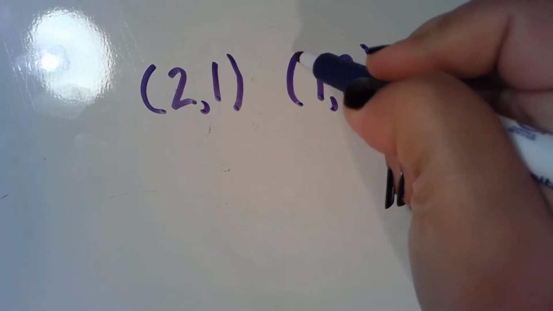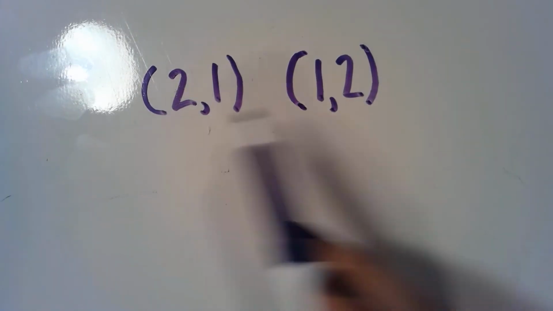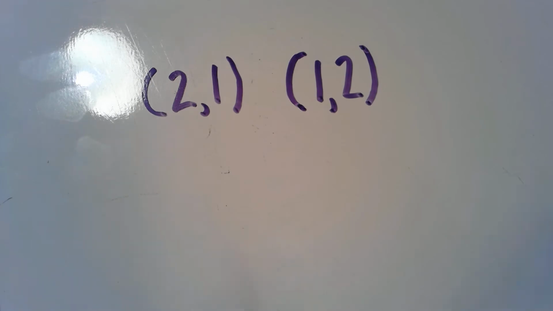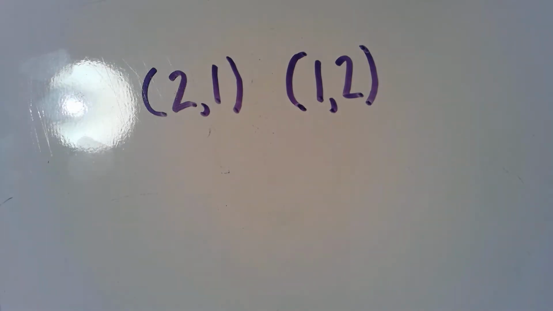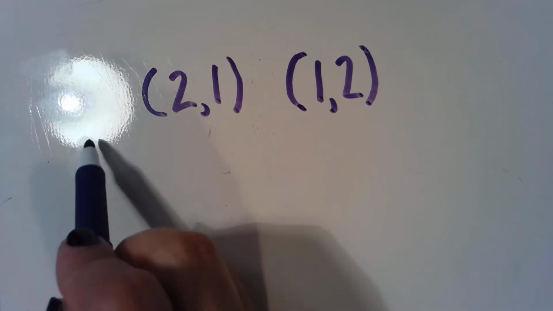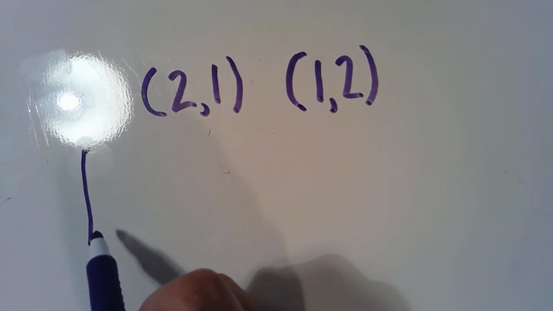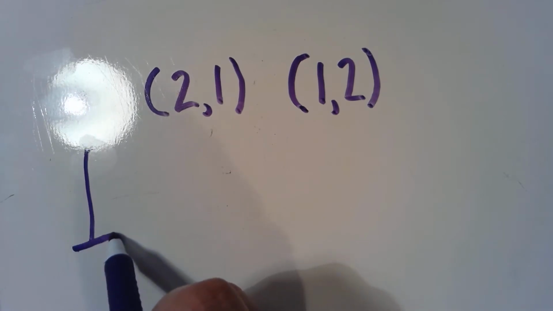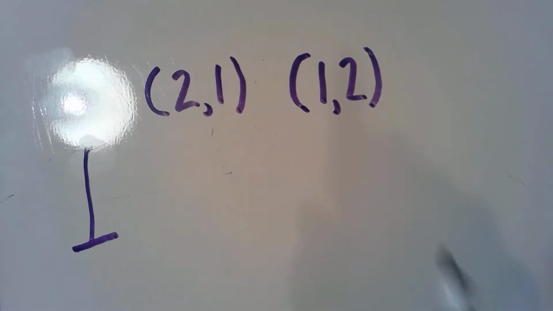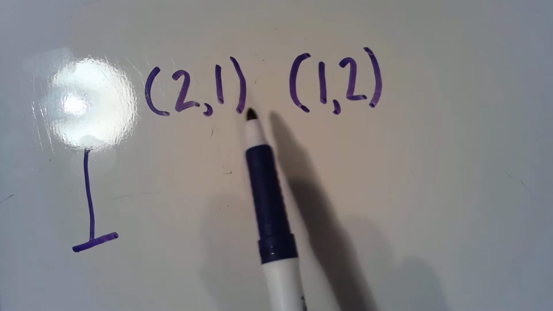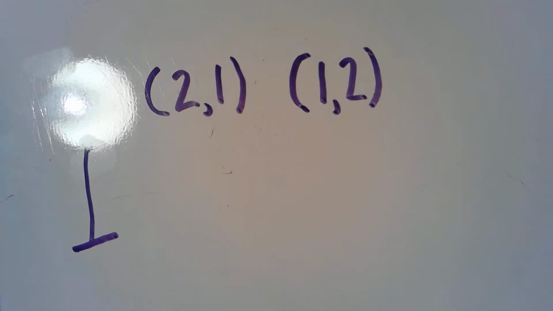Remember, they're in parentheses. That lets us know it's on a Cartesian plane. So, do you think that these two numbers, I have like a little Pixar lamp in there, don't I? So, are these two ordered pairs, (2, 1) and (1, 2), at the same spot?